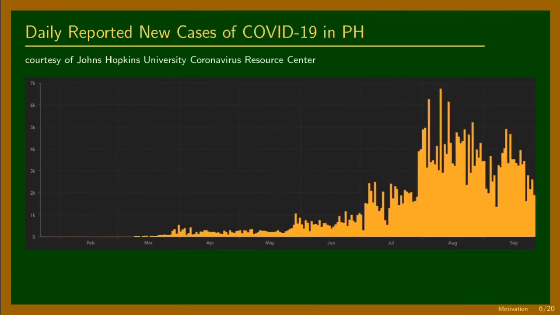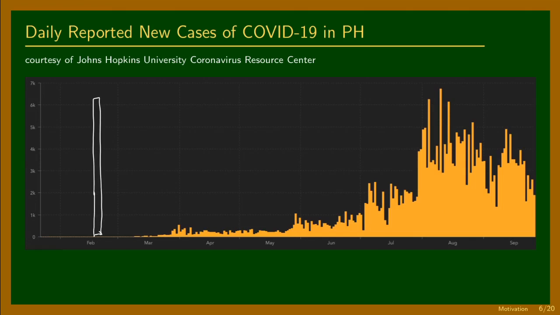Let's look at this graph. This graph was taken from the Johns Hopkins University Coronavirus Resource Center. Pinapakita nito yung daily reported new cases of COVID-19 in the Philippines. So for example, if we look at this, let's say this vertical bar, parang ganito siya. Like this.